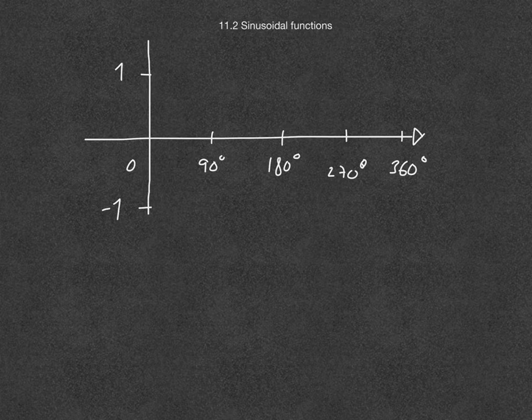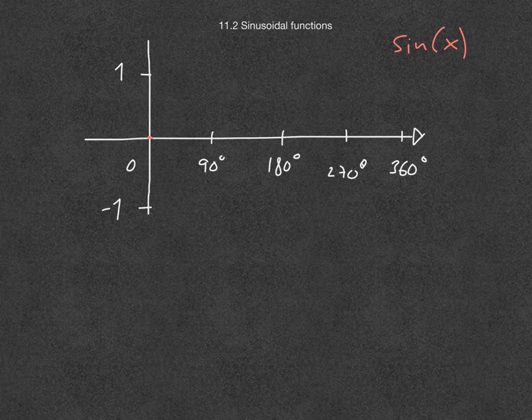We're going to take a look at sinusoidal functions, and this term applies both to the sine function and the cosine functions and any variant of those. We've looked so far at how the simple sine function would look, because we know that sine of 0 degrees is 0.